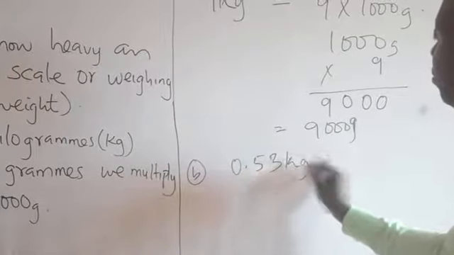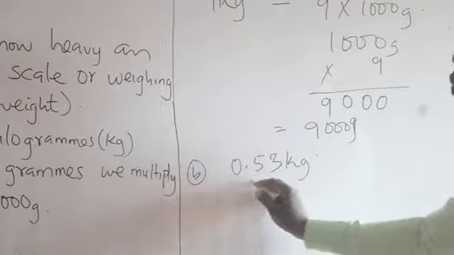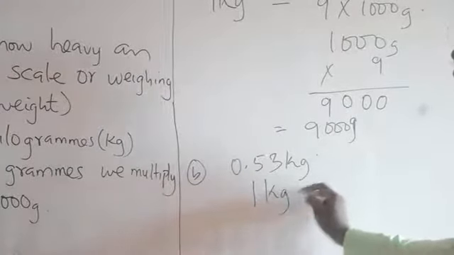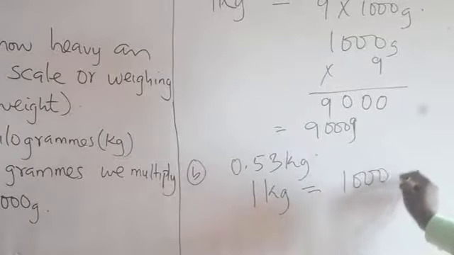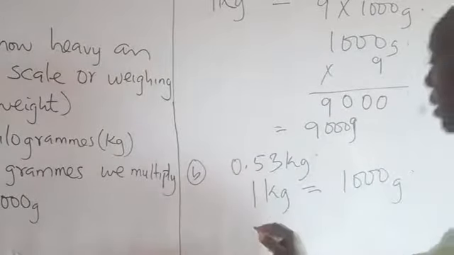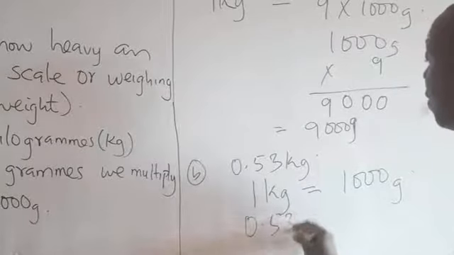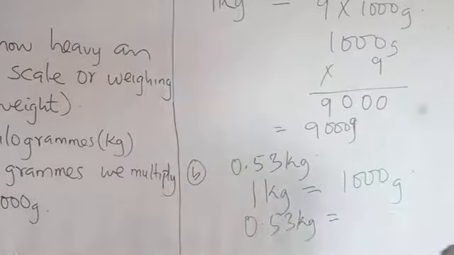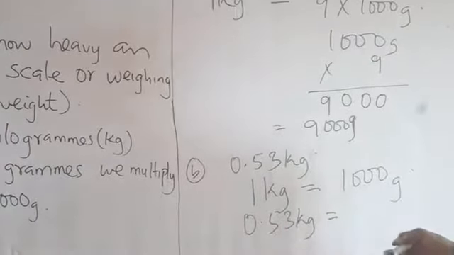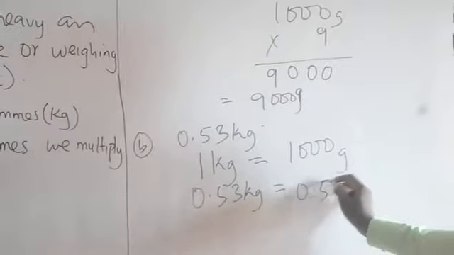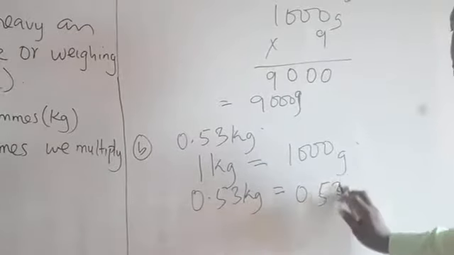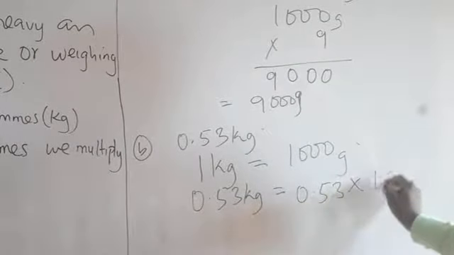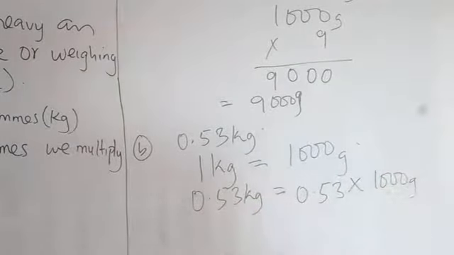0.53 kilogram. Recall that 1 kilogram is equivalent to 1,000 grams. 0.53 kilogram will be equivalent to, so we multiply 0.53 kilogram by 1,000 grams.